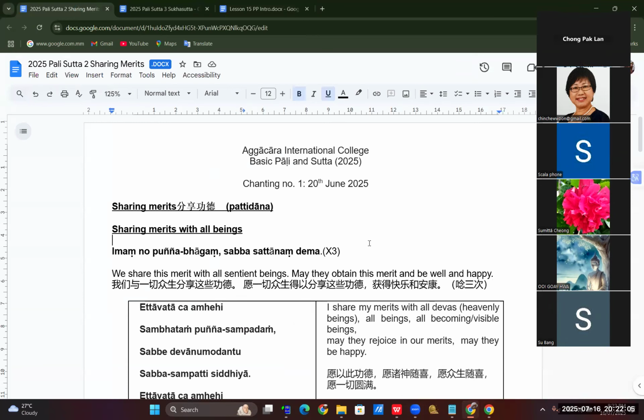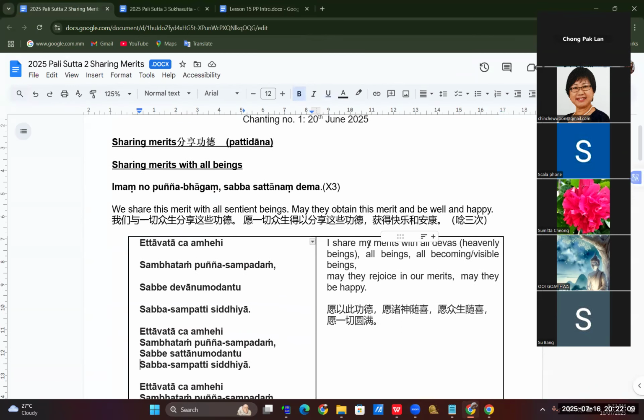Sharing of merits to all beings. Imang no punya bagam sabasatanam dema.